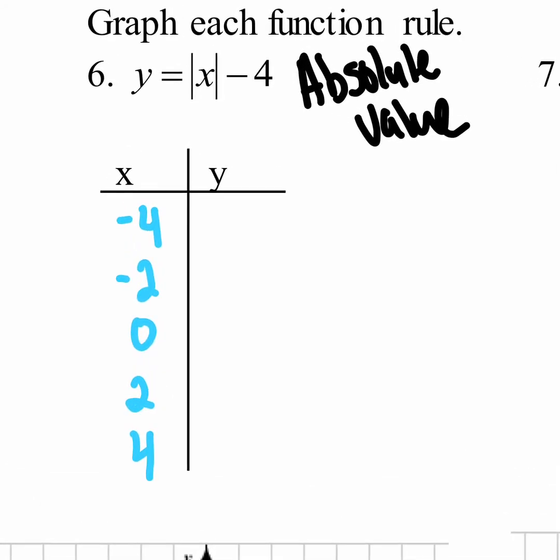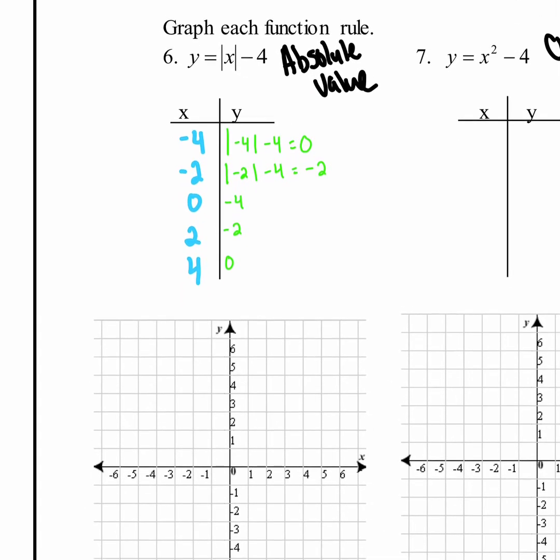So when we put -4 in for x in the absolute value of -4 minus 4, that's going to give you 0, absolute value of -2, and then -4 is going to give you -2. Continue to plug in your points, and then graph.